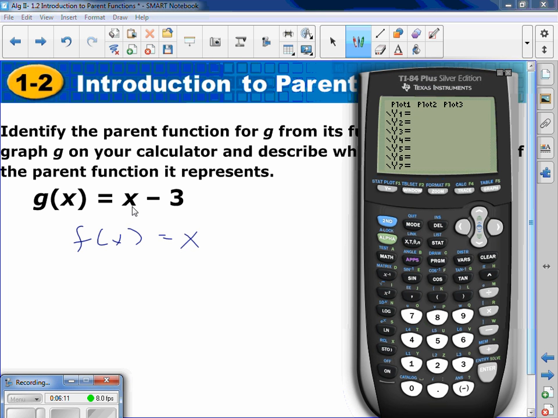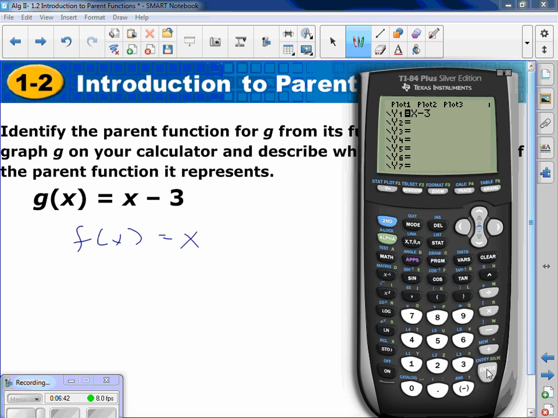Anyone know where the x button is? Next to the alpha. You see X, T, theta, and n. Press that, that's your x value. Minus. Do not use the negative, the calculator will think you have an error. And then 3.